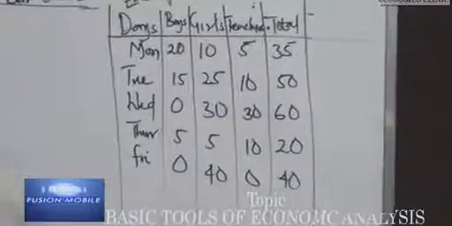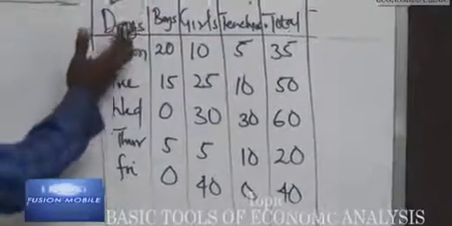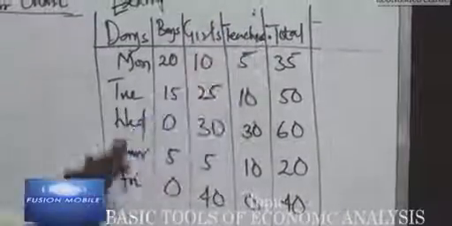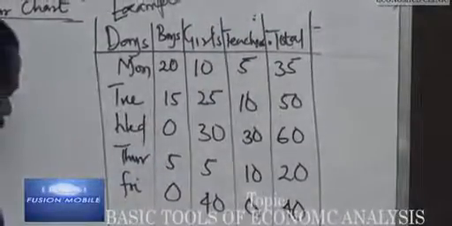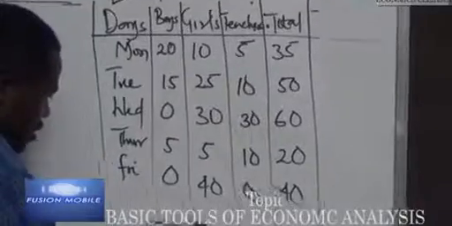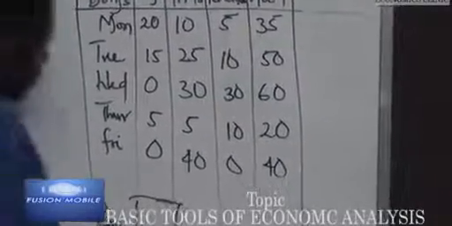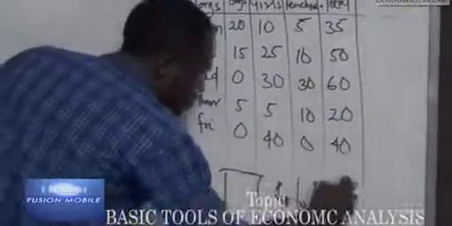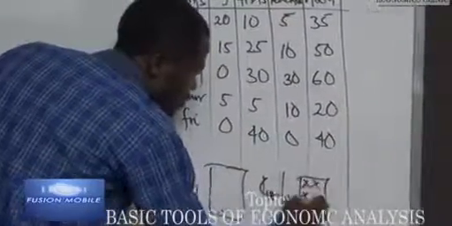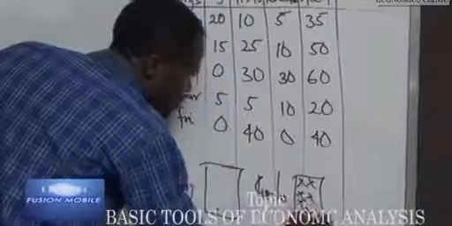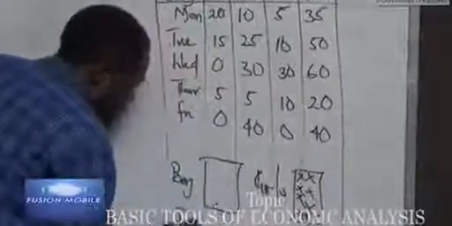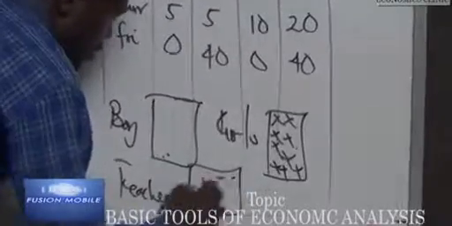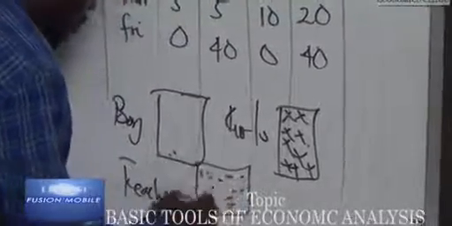For example, you have here days, boys, girls, teachers, and total. You can decide to have boys represented with an empty bar, girls with a star inside, and teachers to be dots or dotted.